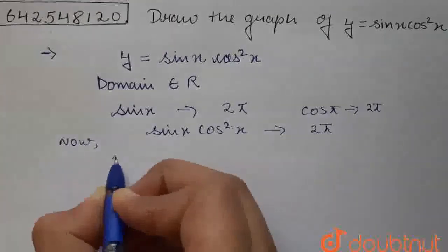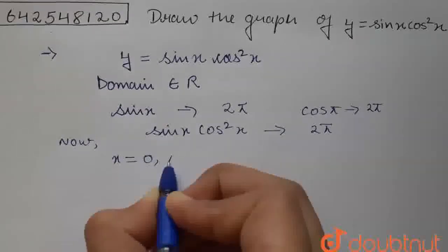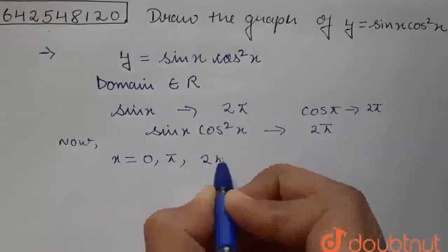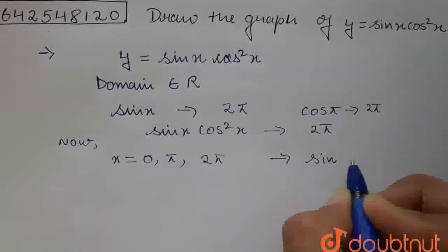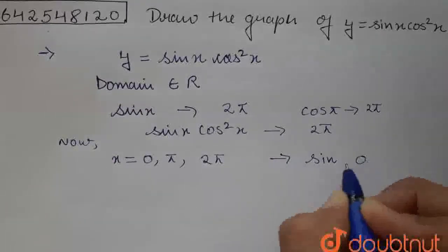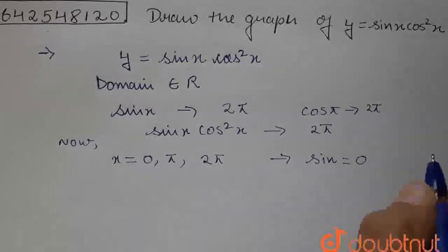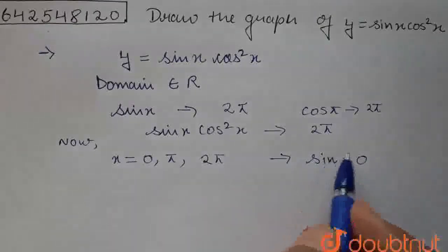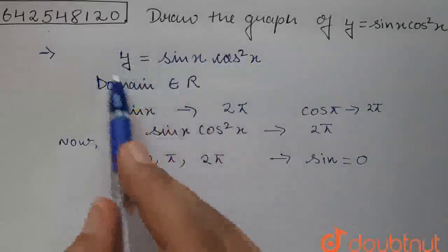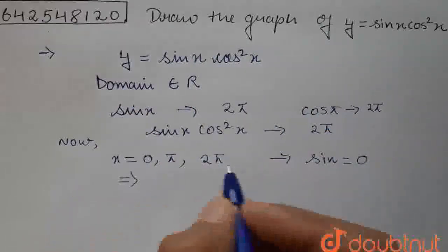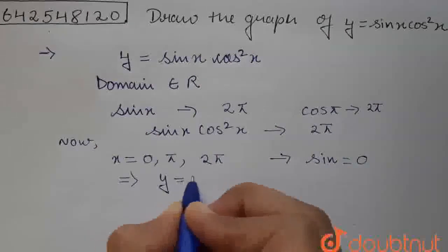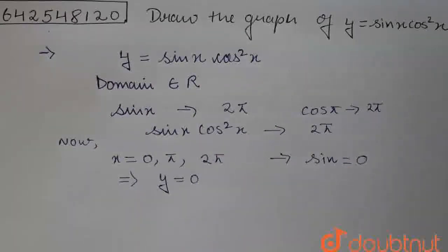Now for x is equal to 0, pi and 2 pi, for all these points we know that sine will be 0. So if sine is 0, then the whole term will become 0. So at these points y will be equal to 0.